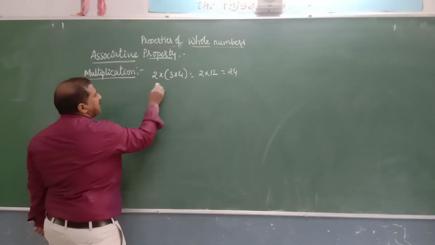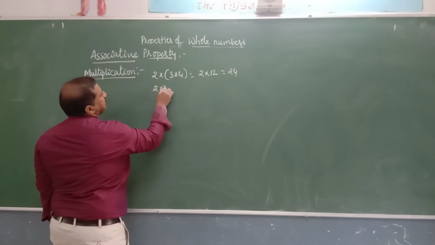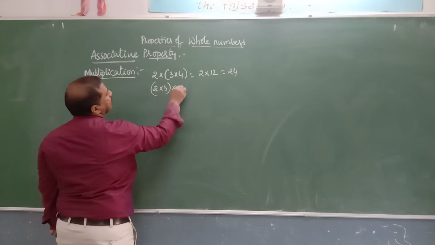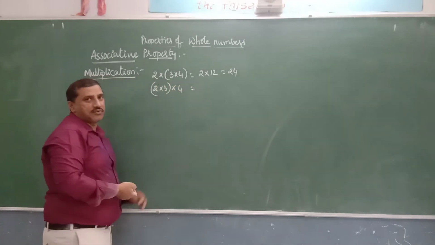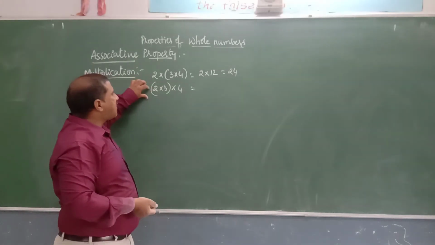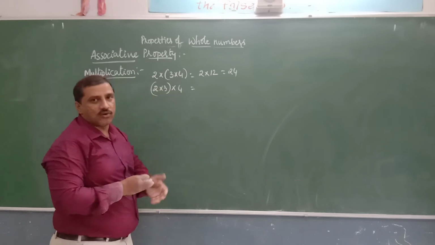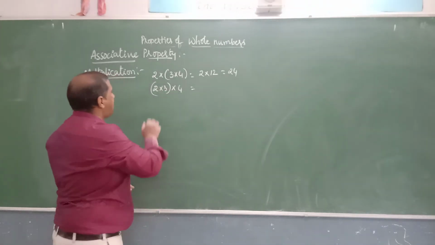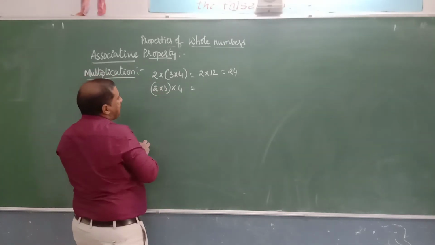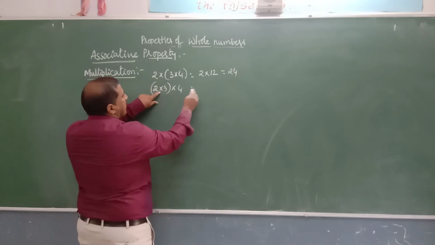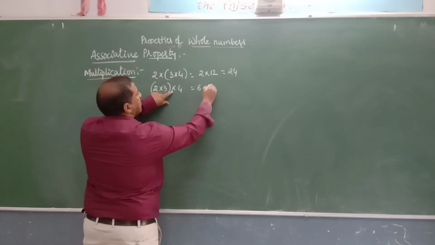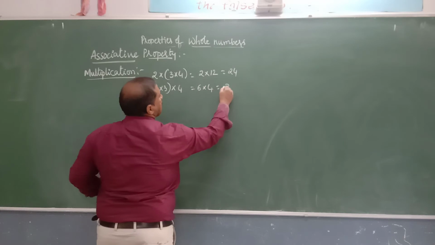Now similarly, that is (2 into 3) into 4. We considered in both the orders the same numbers 2, 3, 4, three whole numbers. Now simplify inside: 2 into 3 is 6, and 6 into 4, 6 fours are 24.